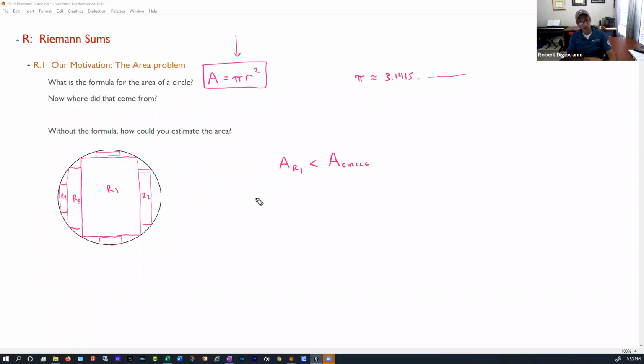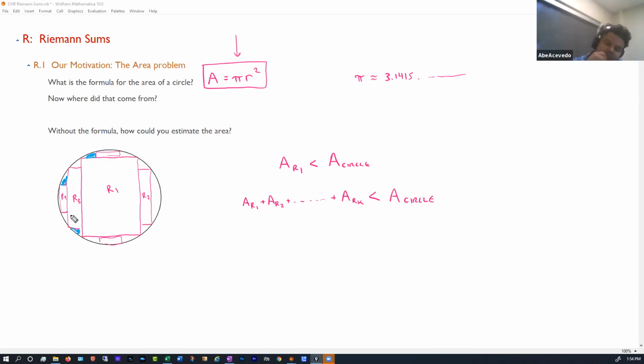So if I took the area of rectangle 1 plus the area of rectangle 2 plus, and I did that all the way out, let's say I did K rectangles, the area of rectangle K is still less than the area of the circle, isn't it? It would still be less, because I'd have all these little tiny pieces, these little corners and gaps that didn't get filled in.